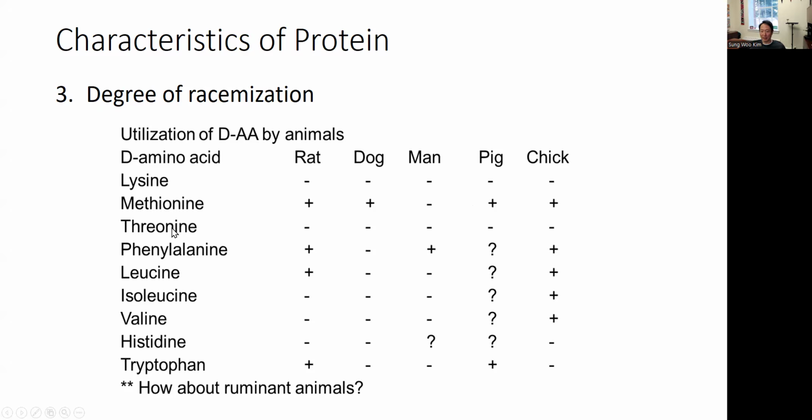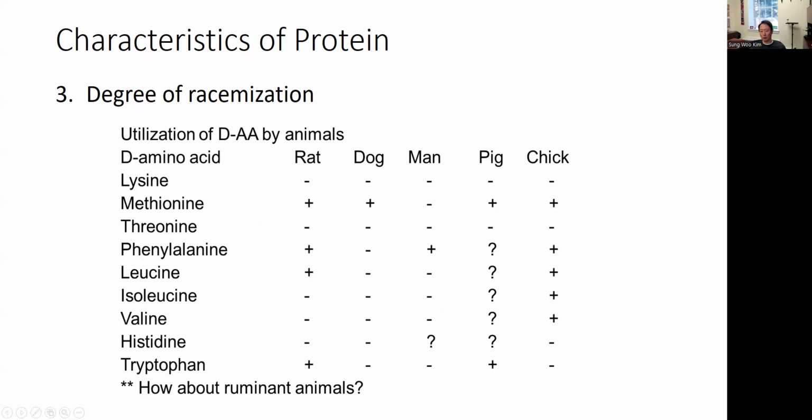Threonine, D-threonine is poorly utilized by animal species. Phenylalanine, depending on animal species and so on. The question mark here is no research done. So if you want to do research in this area, you can contribute to the basic science. You can answer these questions here. So depending on amino acid, depending on animal species, the ability of the animal utilizing D-type amino acids are greatly different.